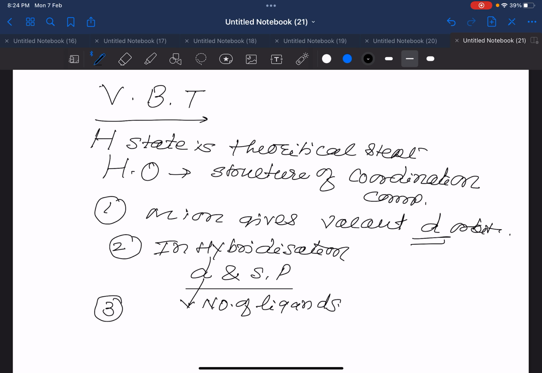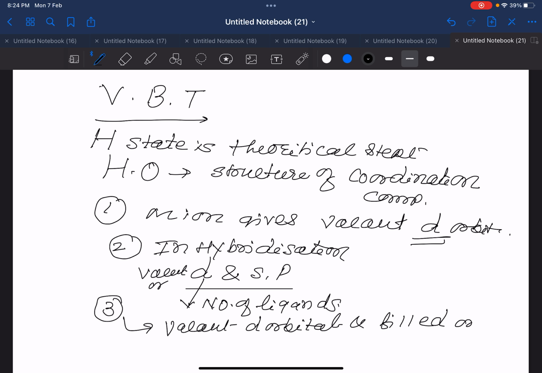Overlap between vacant d orbital of the metal and filled orbital of ligand leads to formation of the metal ligand coordination bond.